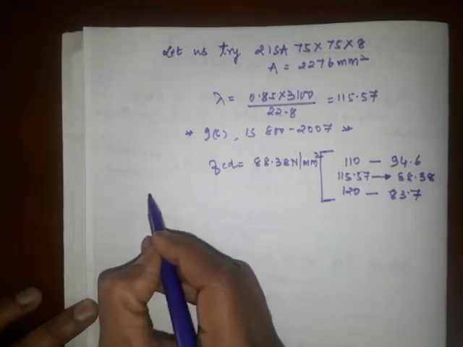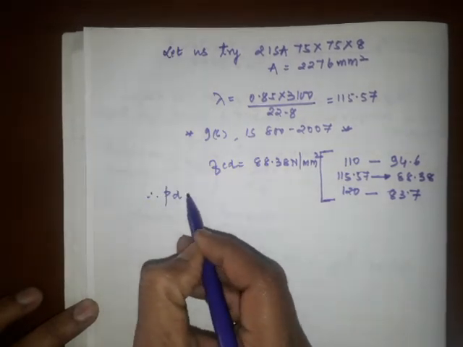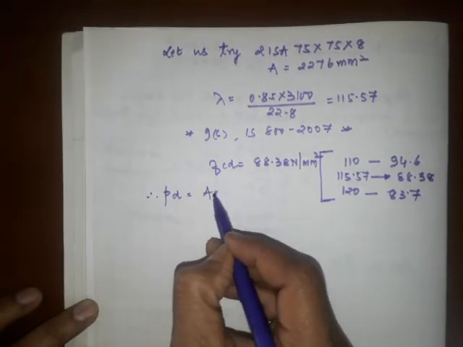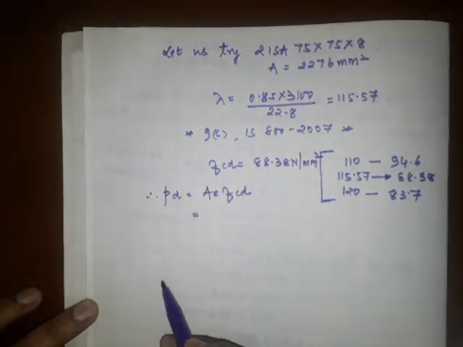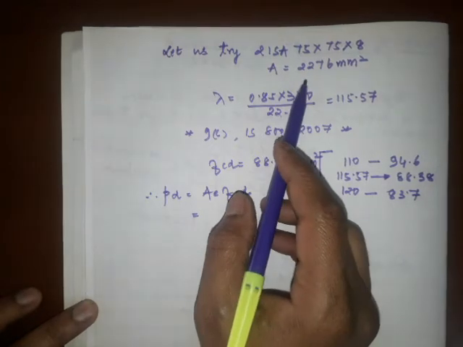Therefore the value of Pd will be Ae into fcd. Here the area we have got is 2276.